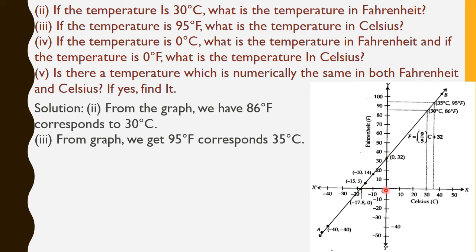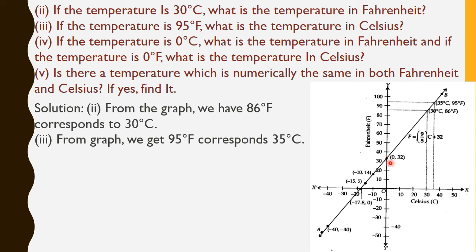So this is the point, C equals to 0, and from here we will drop a line, and that line is perpendicular to the x-axis and it will meet right here, and it is meeting at such a point where we have the y-axis. So we don't have to draw any further perpendiculars on the y-axis or anywhere else.